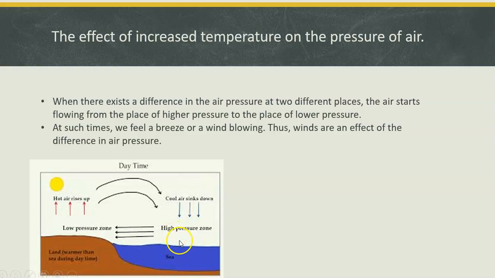And the sea is cooled down. So hot air rises up and goes towards the sea, and the temperature over here is lesser compared to the land. So a high pressure zone is created over here, and because low pressure is over here, the air from the sea goes towards the land, and this is like a continuous cycle.